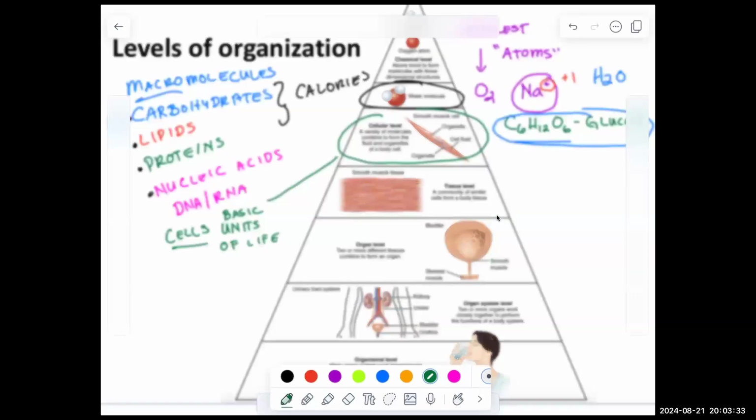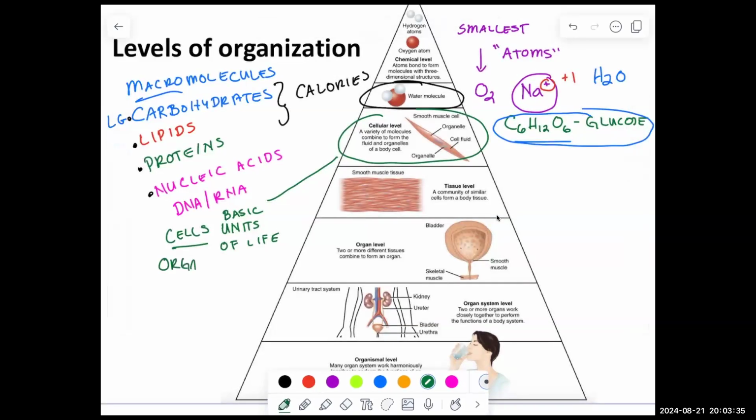Cells are made of organelles. So organelles make up cells. Macromolecules make up organelles. So again, you can see how it's getting bigger. More than one organelle makes a cell. More than one cell makes the next level.